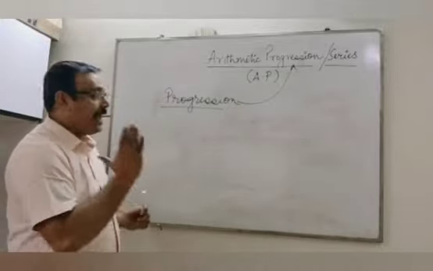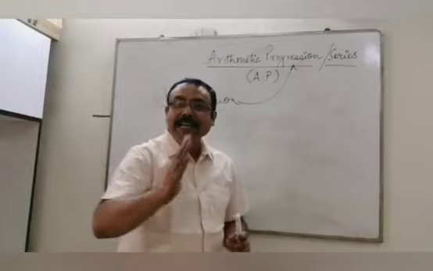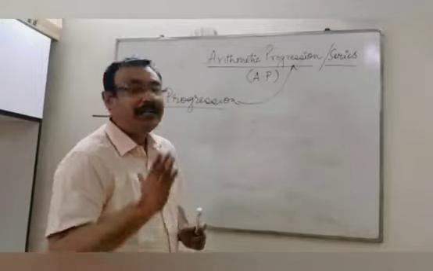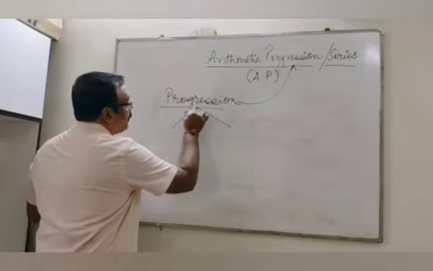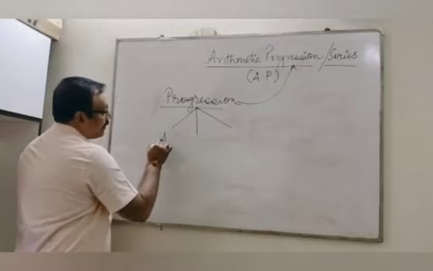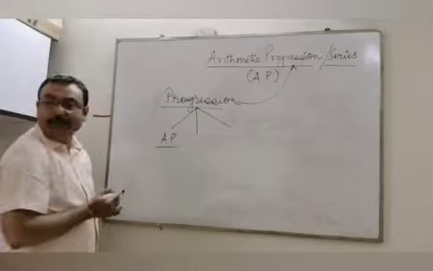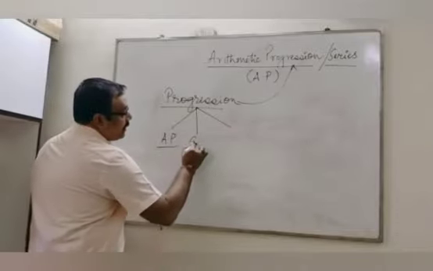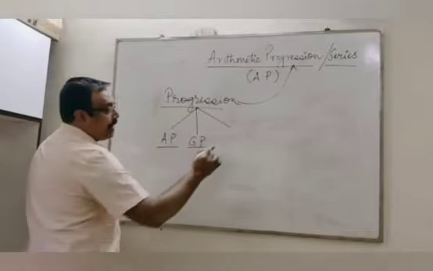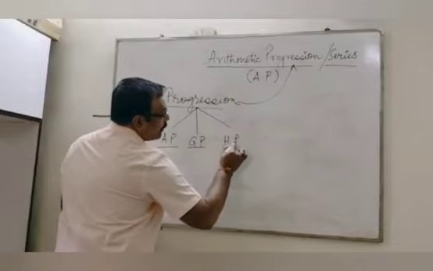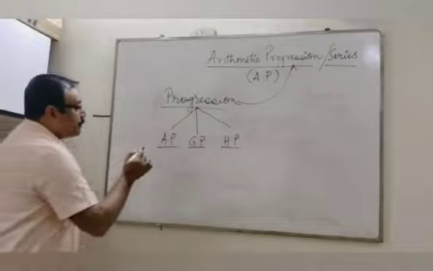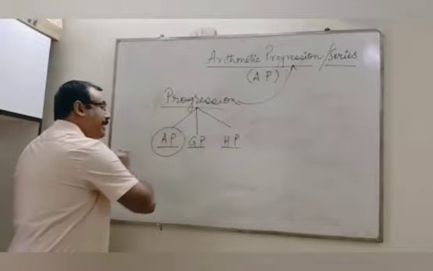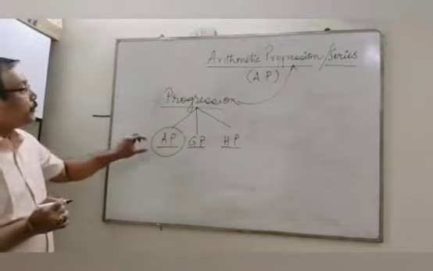These progressions are of three types. They are AP, arithmetic progression, GP, geometric progression, and HP, harmonic progression. So three types of progressions are there. And our chapter of the day is arithmetic progression, which we are discussing.